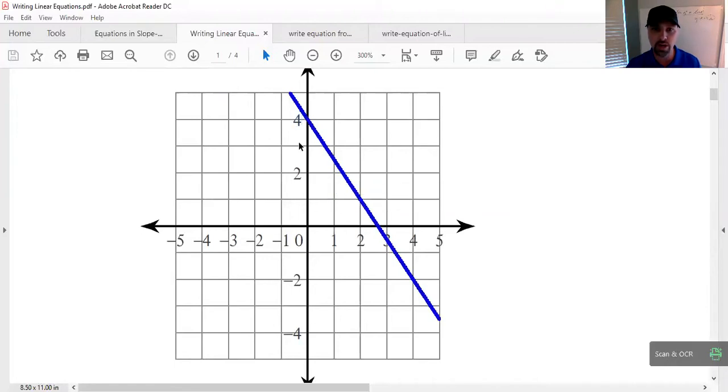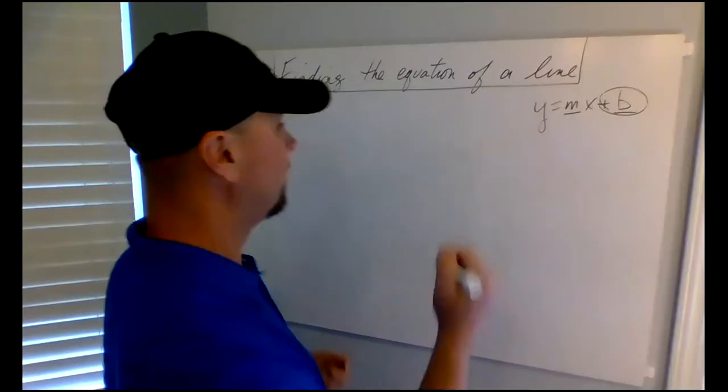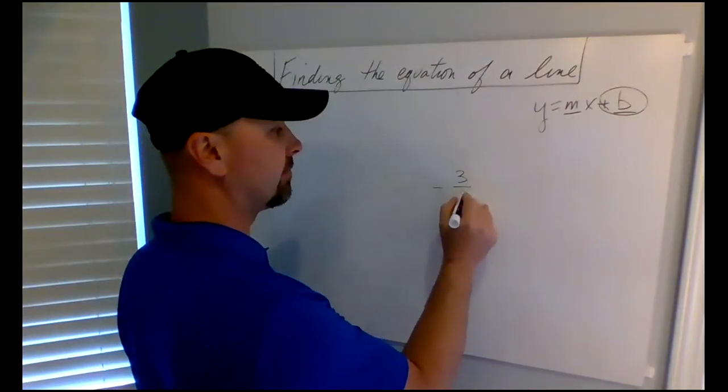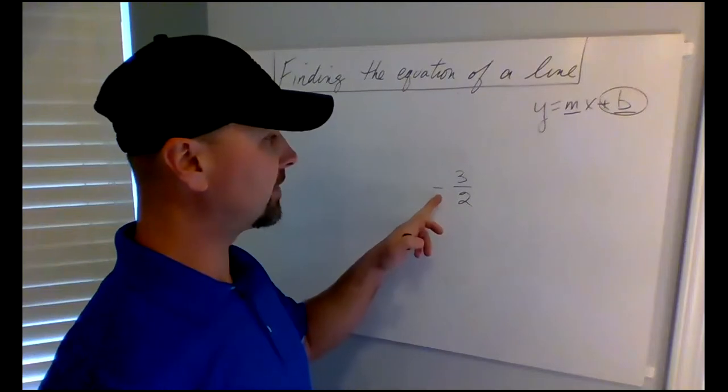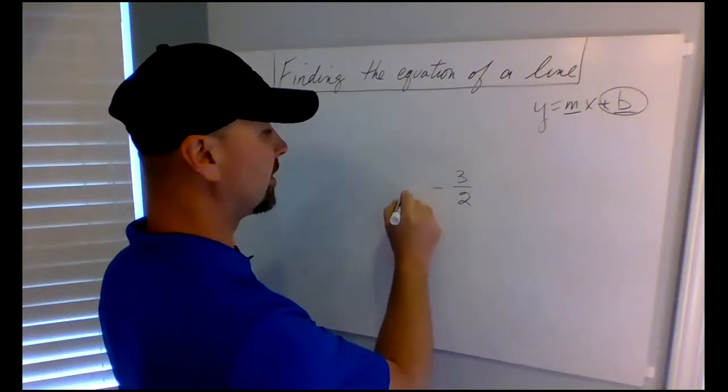Okay, so we go draw our triangle down and over, down and over. So it's going to be a negative 1, 2, 3, down 3, over 2. Let's take a look at that. Down 3, over 2. Negative's the down, here's the rise and the run.